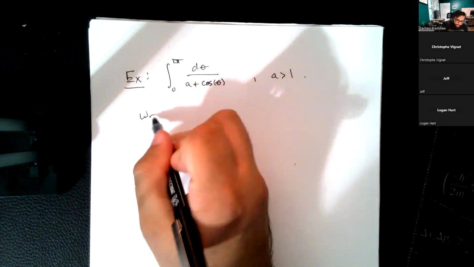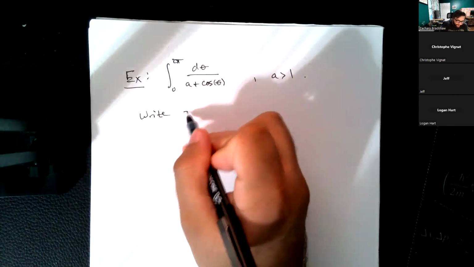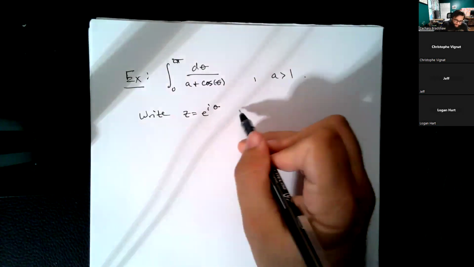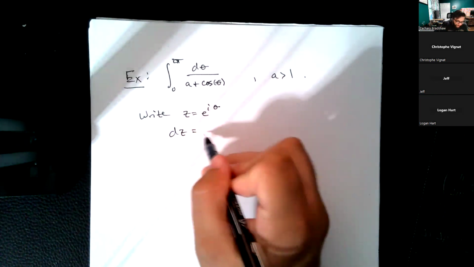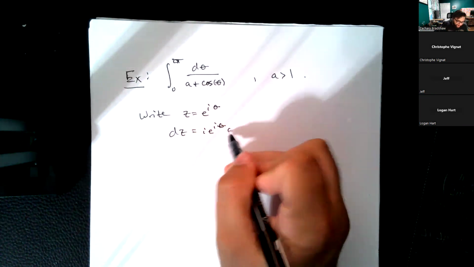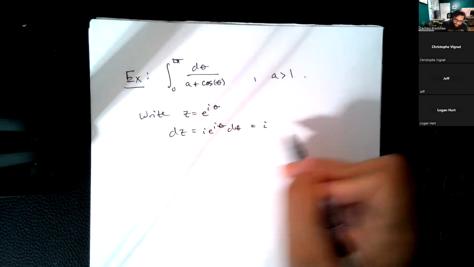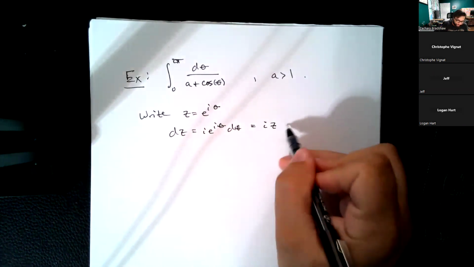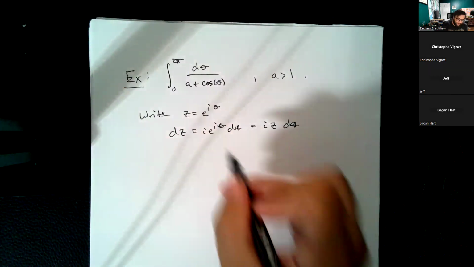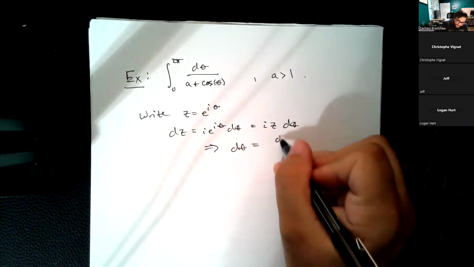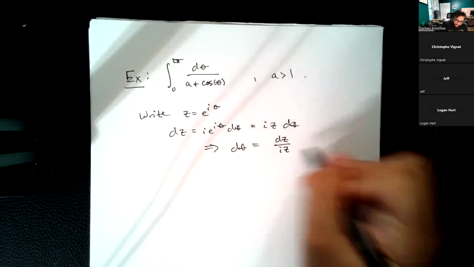Okay, so we're going to do that by writing z equals e to the i theta, so that dz is i e to the i theta d theta, which is i times z d theta, which tells us that d theta is dz over iz.